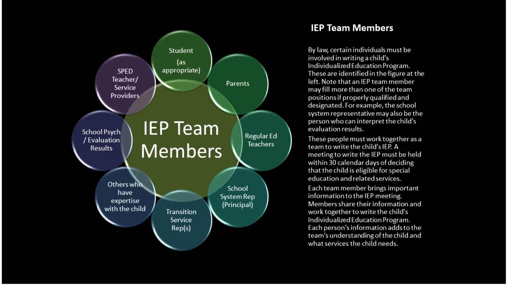Other people who may have expertise with the child, whether it be a therapist if the parents want that person there, social worker, different types of physical therapy providers, anything like that. A school psych that can provide information on evaluation results, and the special ed teacher or special ed service providers.